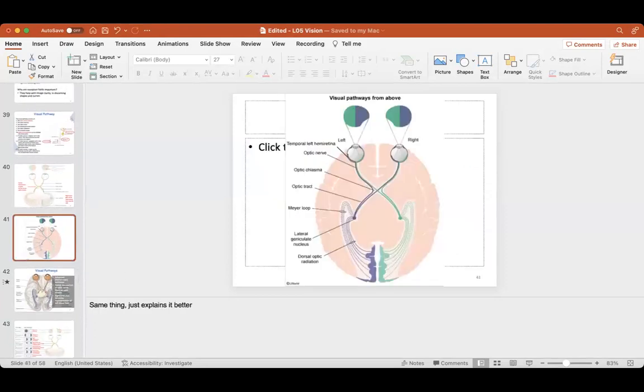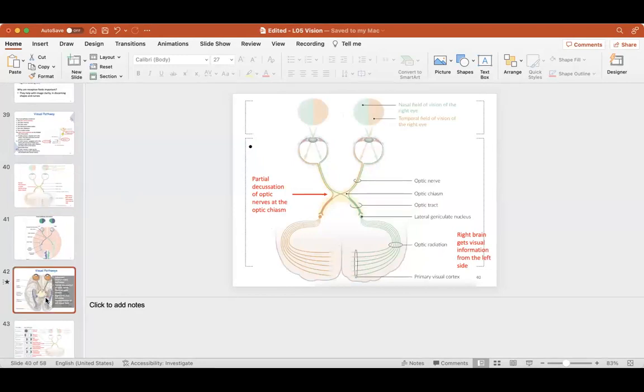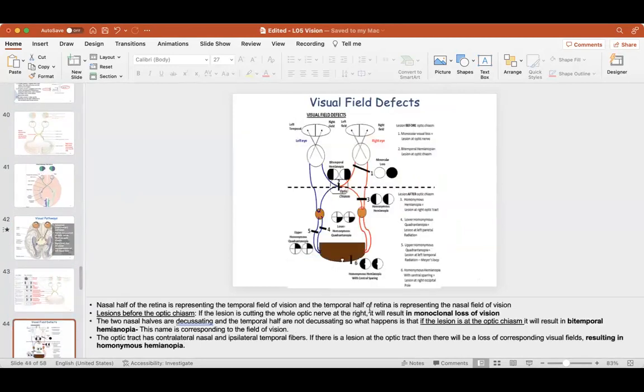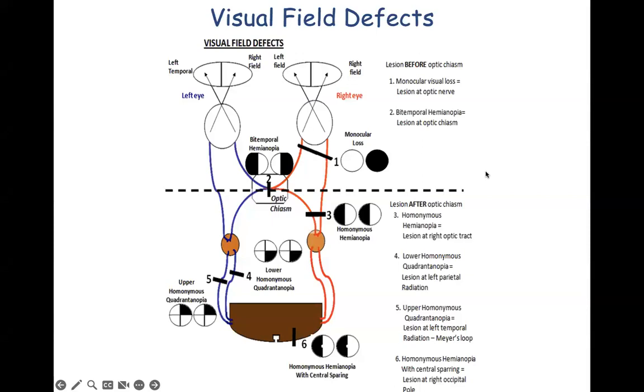Just a quick review. Here's another image that describes the visual pathway. This was the image where I added all the lesions and everything. This is a doctor's original image, and it essentially describes everything that we went over. So pie in the sky, the Meyer's loop lesion; pie on the floor, which was, what was pie on the floor? Yeah, dorsal optic pathway lesion.